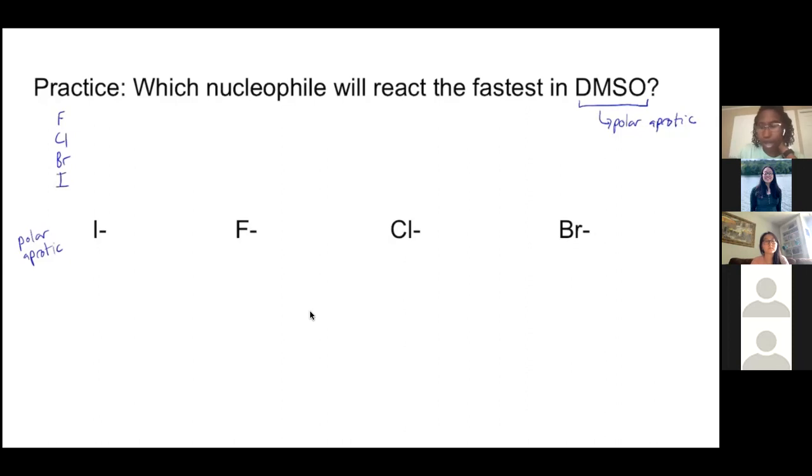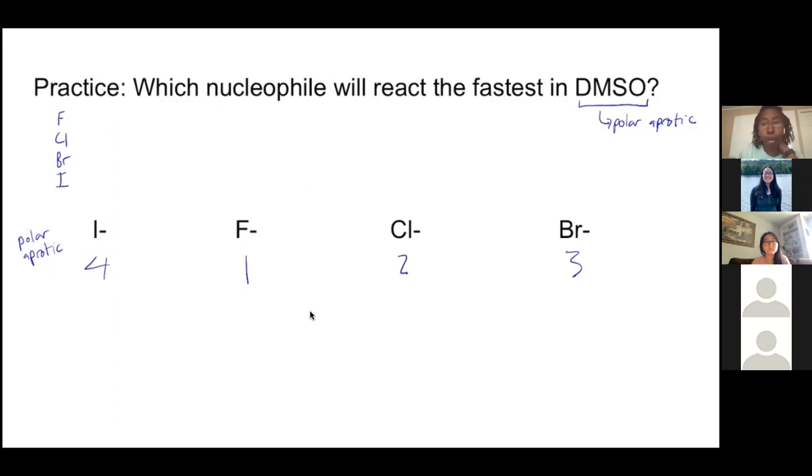And if we go by that order, fluorine is going to be the fastest to react in DMSO, and chlorine next, bromine third, lastly iodine, just because it's the biggest. Alrighty, so that's what would happen if we were in polar aprotic solvent, like DMSO.